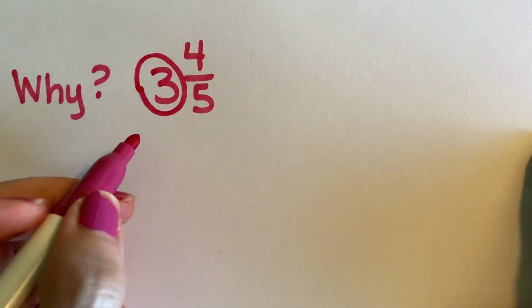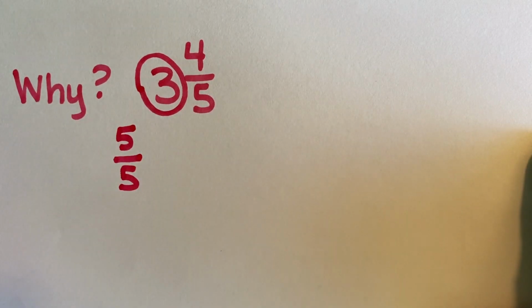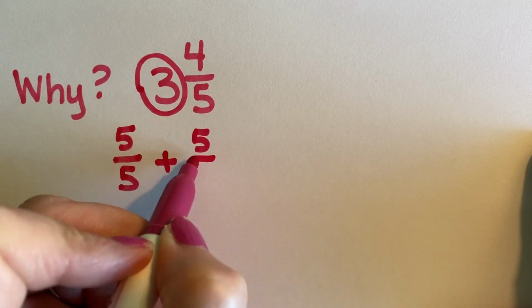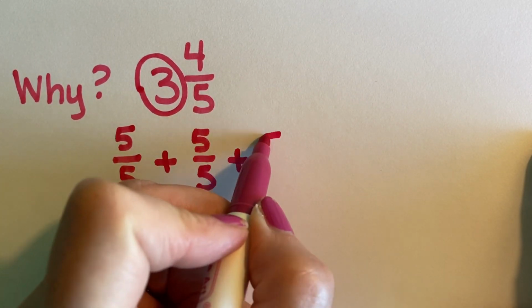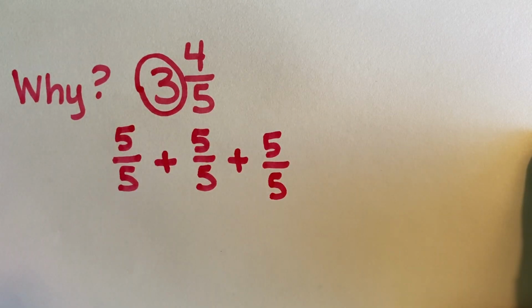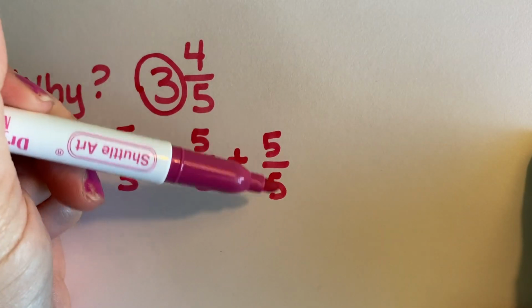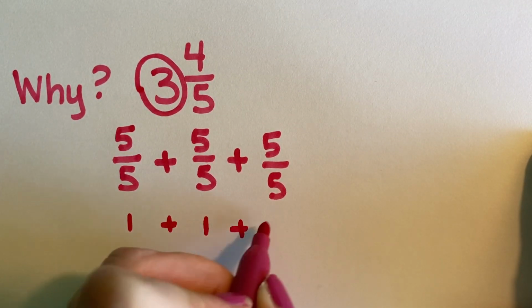Let me explain. So say we add 5/5, which is one whole, plus another 5/5, which is another whole, plus one more 5/5. So basically 1 plus 1 plus 1, and I can even write that under there, 1 plus 1 plus 1.